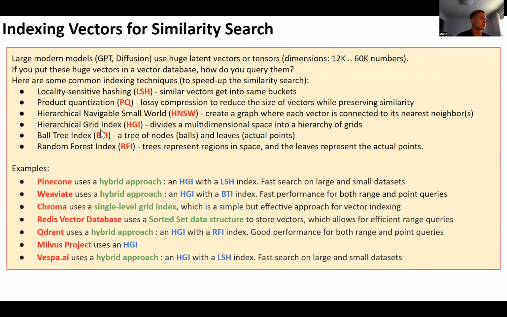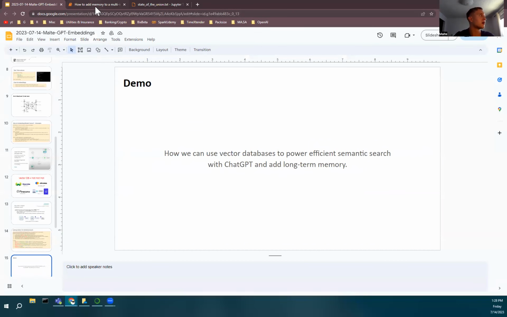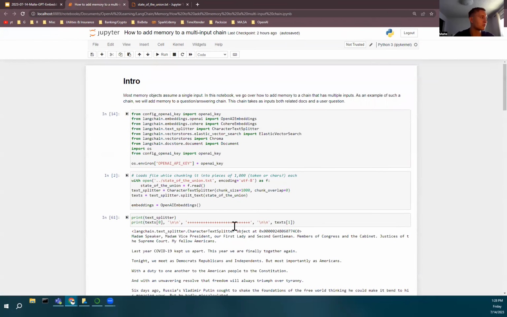You have hierarchical grid index, which divides the vector data space into a grid system. And then you have a ball tree index, which is the tree of nodes and leaves, and a random forest index. So those are the most famous examples of the algorithms that you use. And then there's examples of more vector database providers here at the bottom. But yeah, that's sort of all the underlying knowledge. What I'd like to do now is dive into the script here.